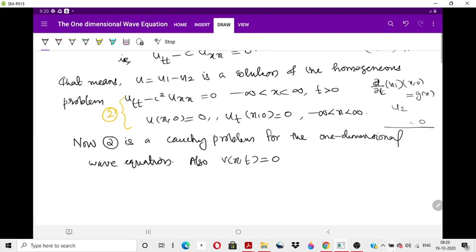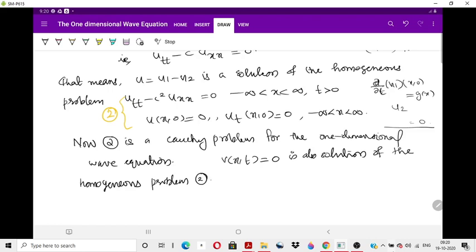That means v of (x,t) equal to 0 is also a solution of the homogeneous problem given by 2. So we have obtained two solutions. u equal to u1 minus u2 is a solution, and v equal to 0 is also a solution.